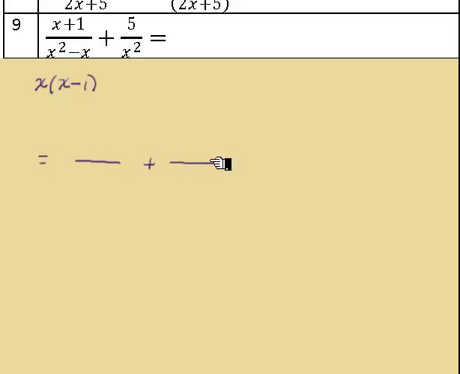That is, it'll contain factor x minus 1, and x to the highest powers that they appear. So x appears to power 2 in the second denominator, so we're going to include x squared in our common denominator and x minus 1. So that'll be our least common denominator. It contains all the factors to their highest powers.